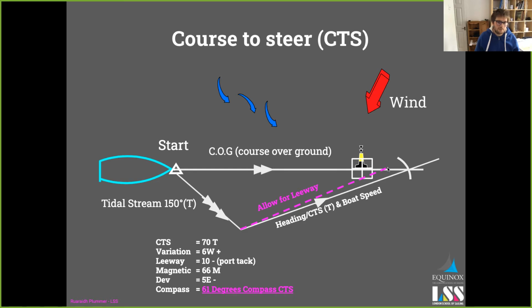Can I ask a stupid question? If you're sailing a boat that you didn't know, how would you know your speed? Well, you've got a speed gauge, you've got an engine, or you kind of guesstimate it. If you're on a 40-foot racy boat, you might say 7-8 knots. If you're on a slow little boat, you might go 4 knots. So obviously, it depends.